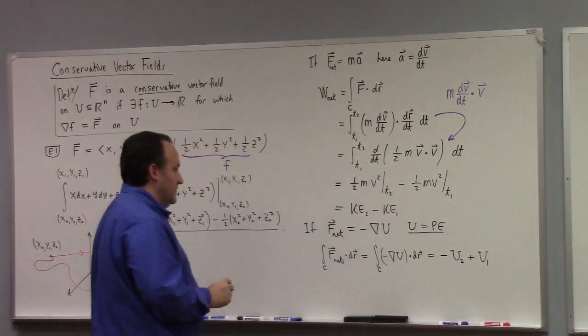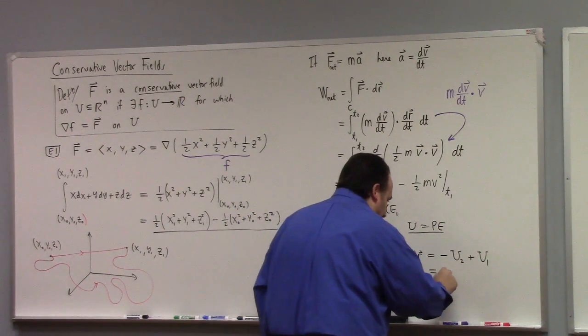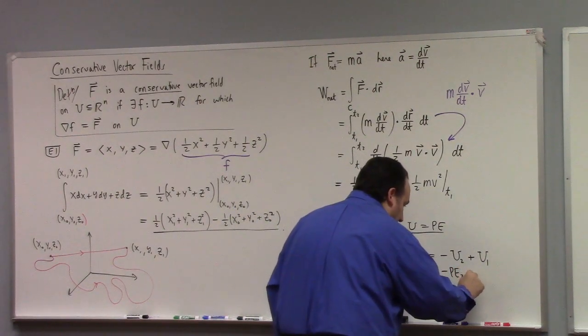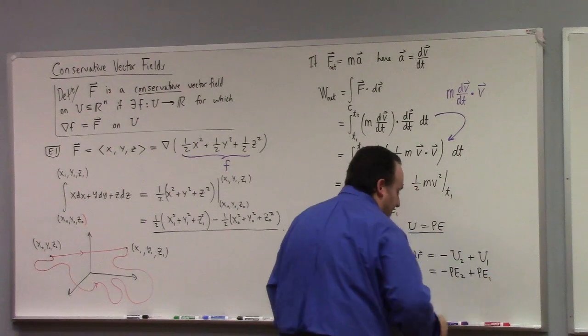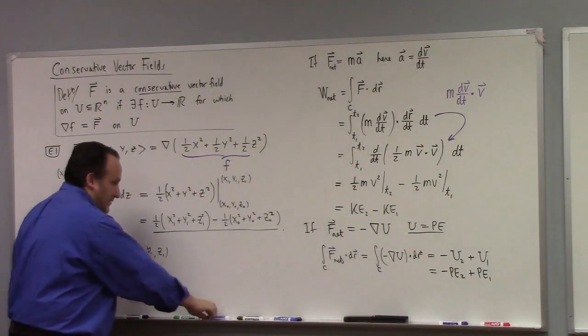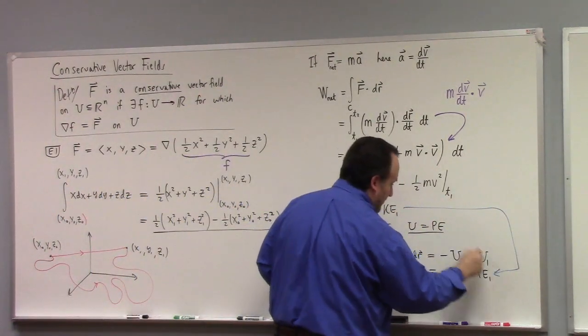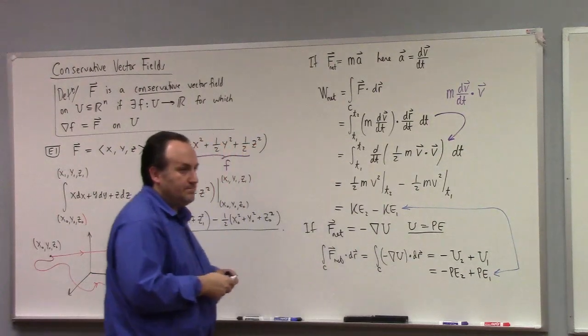Or if you want me to use the usual physics notation that I like, minus potential energy 2 plus potential energy 1. But these are equal, right? In other words, these are two different ways to calculate the work done by the net force over the situation.